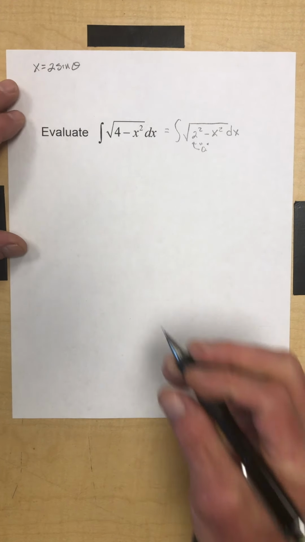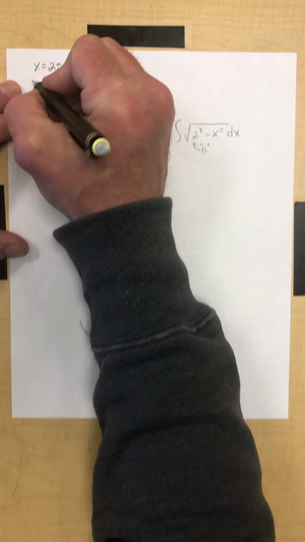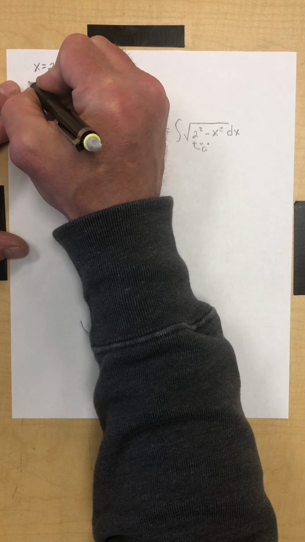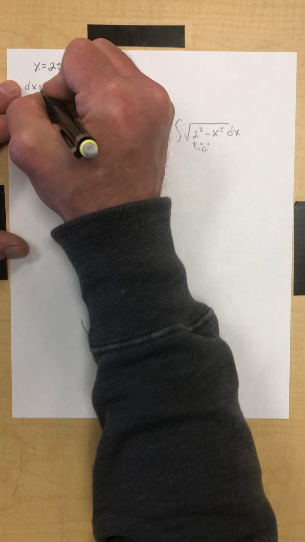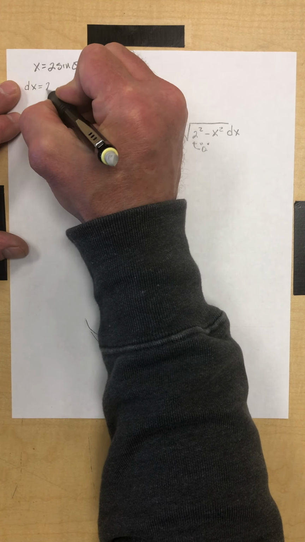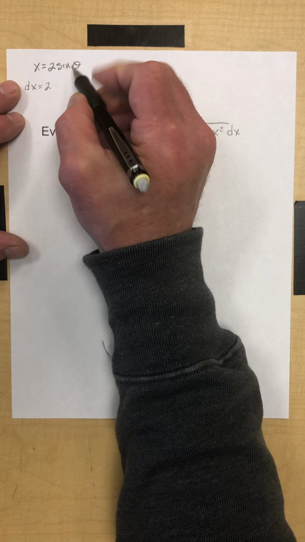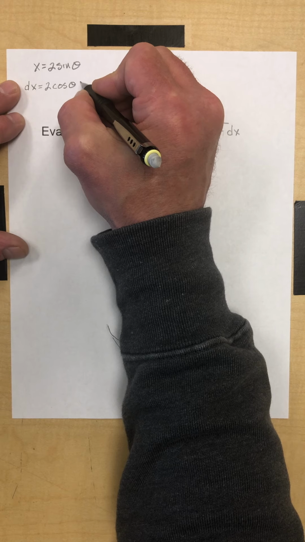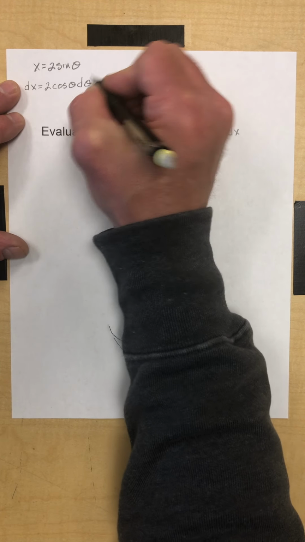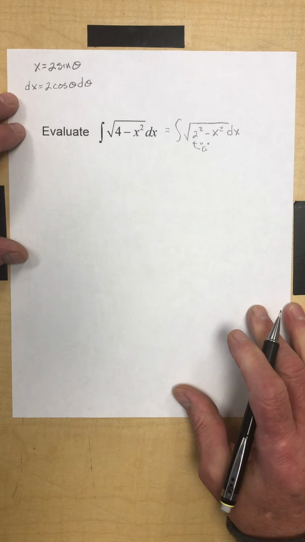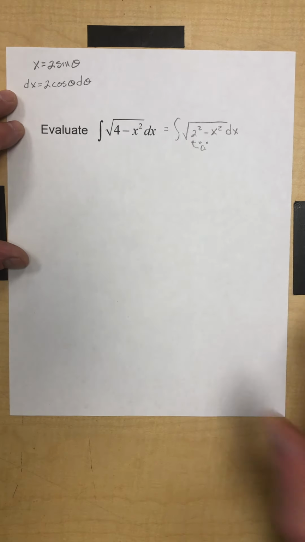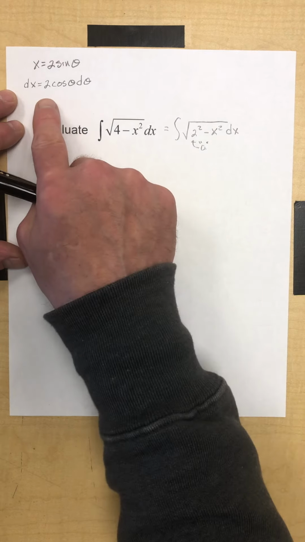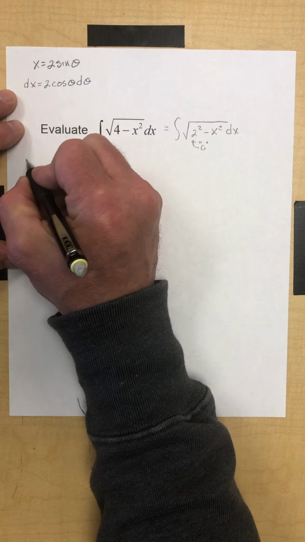Just like u substitution, let's take the derivative of both sides. So dx, and 2 is just a constant multiplier. The derivative of the sine of theta would be cosine of theta. And now your dx becomes d theta, because theta is your variable of integration. So now we're going to take this and substitute it in.